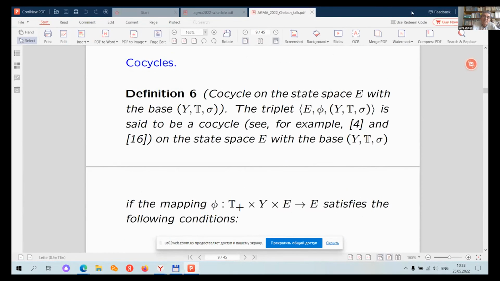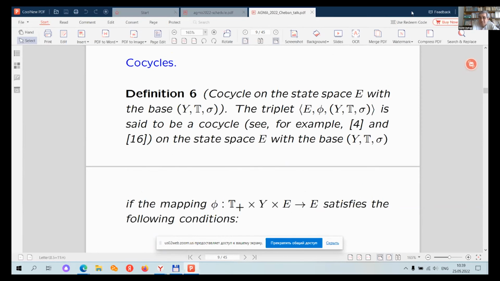I give here the general definition of what we mean by a cocycle, but in reality I repeat more and more the same object. We have a triplet with phase space E, here already an arbitrary Banach space. In the precedent case we had a one-dimensional Euclidean space.